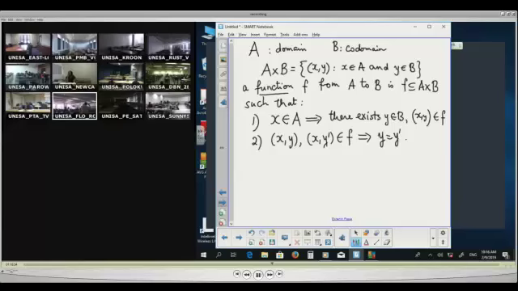So firstly, every input must give me an output. That's the first statement. Whenever I have an X in A, it implies that there exists a Y in B, so that the black box will output Y. I'm trying to test my understanding using calculus.